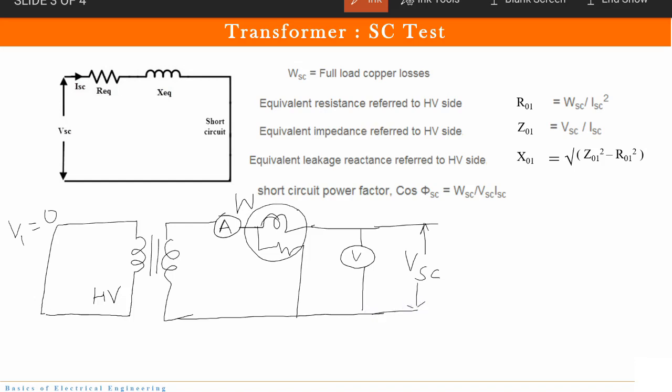So this is how it looks. This is I2, this is I2, and this was I1. So this is how it looks like.